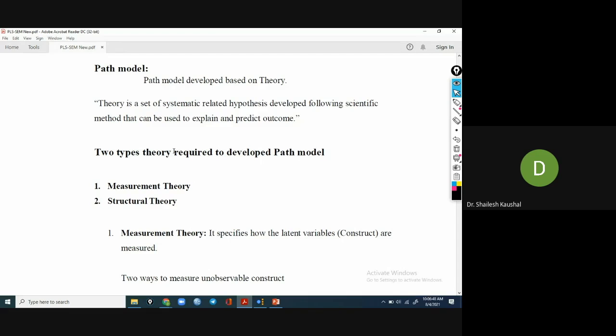Theory is a set of systematically related hypotheses developed following the scientific method that can be used to explain and predict outcomes. Okay, there's the theory of planned behavior. So many theories, there is a theory of stress, a theory of depression, a theory of anxiety, theories of perception, theories of learning, and many theories of motivation.